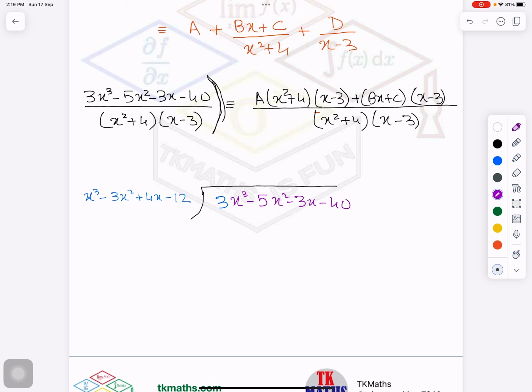Now you know long division I have already taught you before. If you don't know, then you can see the video I'm attaching in the description. So it will become 3, because x cube multiplied by 3 will be 3x cube, and then 3 times 3 is minus 9x square, and then plus 12x minus 36.